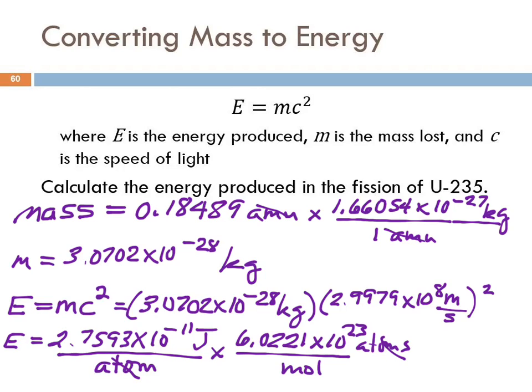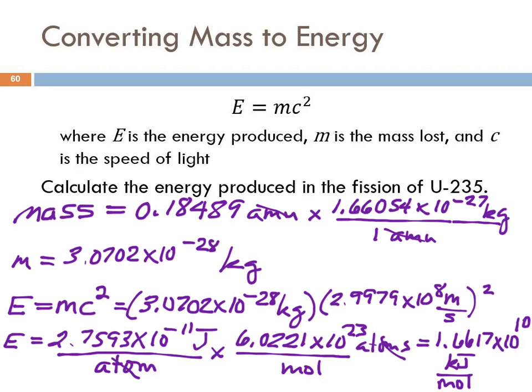And this ends up being, I'm going to put it into kilojoules, which doesn't really help much, but 1.6617 times 10 to the 10th kilojoules per mole. Okay, that's approximately 17 billion kilojoules per mole.